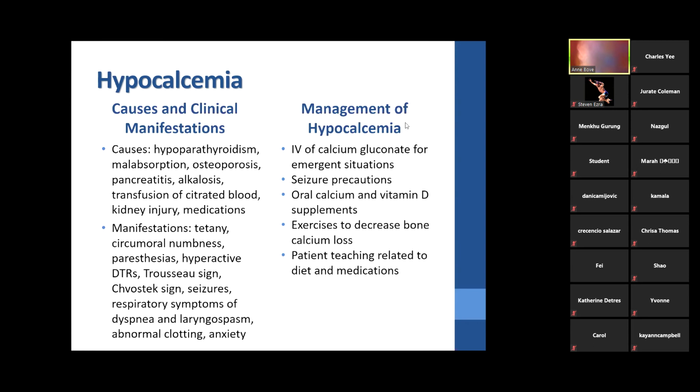But calcium gluconate is what you're going to supplement, and you'll supplement that IV over a half hour to an hour. Once again, the idea of seizure precautions, you look at oral calcium and vitamin D supplements. Remember, you need vitamin D in order for calcium to travel into the bloodstream. Exercise decreases bone calcium loss, and then obviously individuals need to be taught about diet and medications.